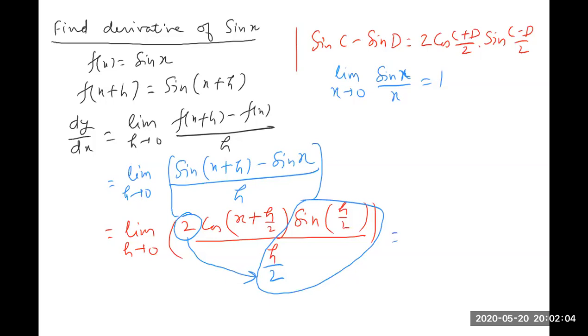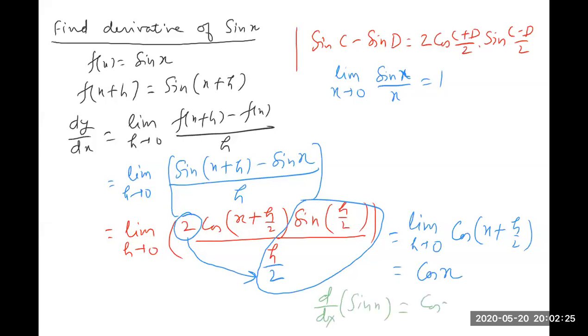So this is equal to limit h tends to 0, cos of (x plus h by 2). At h is 0, this is equal to cos x. h is approaching 0. So from here you got the formula that the derivative of sin x is equal to cos x. This is the complete derivation of that.